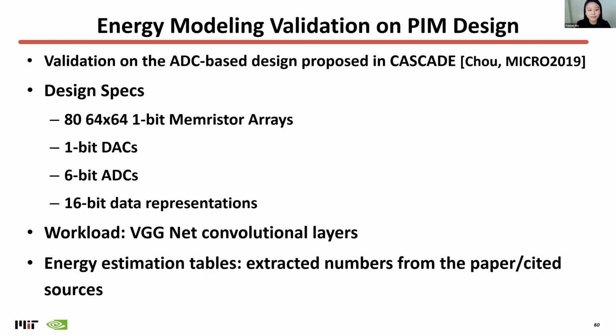We have 1-bit DACs, 6-bit ADCs, and we use 16-bit data representation for input activations, weights, and partial sums. We run VGGNet convolutional layers on this architecture. For the external energy estimation plugins, we constructed a database with numbers extracted from the paper or its cited sources.